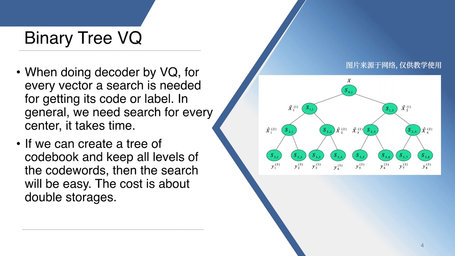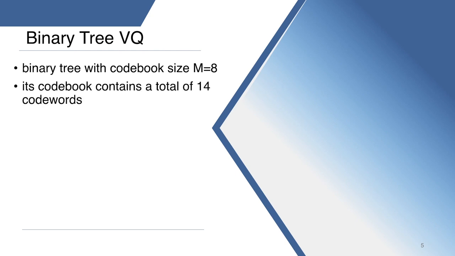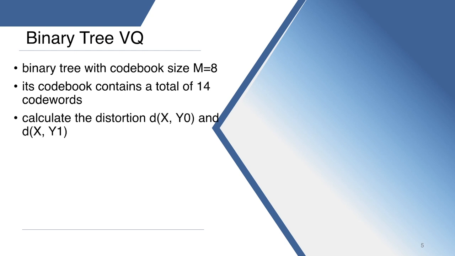The figure shows the method of binary tree VQ. As shown in the figure, a binary tree with codebook size M equals 8, its codebook contains a total of 14 code words. The input signal vector is x. First, compare it with y0 and y1 to calculate the distortion d(x,y0) and d(x,y1).